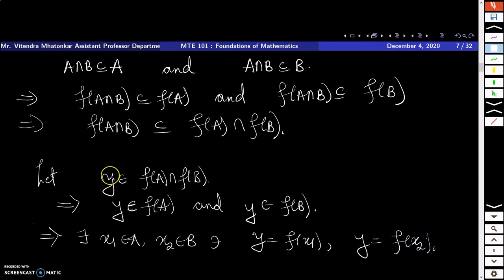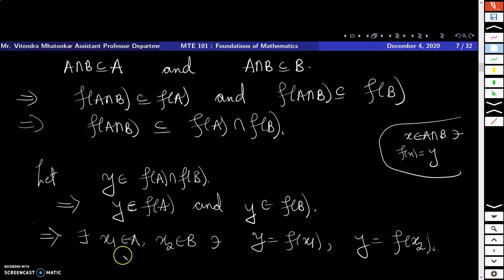But we wanted to show that Y is there in f of A intersection B, right? So we wanted a point X inside A intersection B such that f of X is equal to Y. Now I have a point x1 in A and x2 in B such that f of x1 is equal to Y and f of x2 is equal to Y, right?